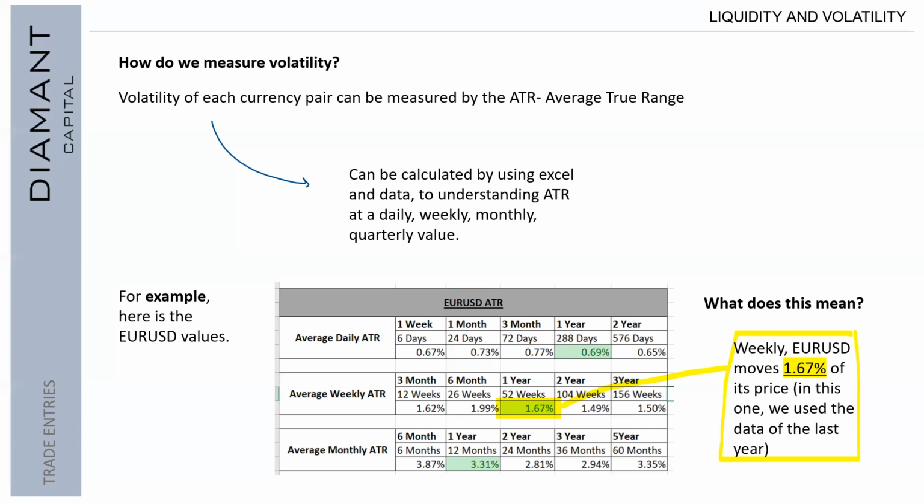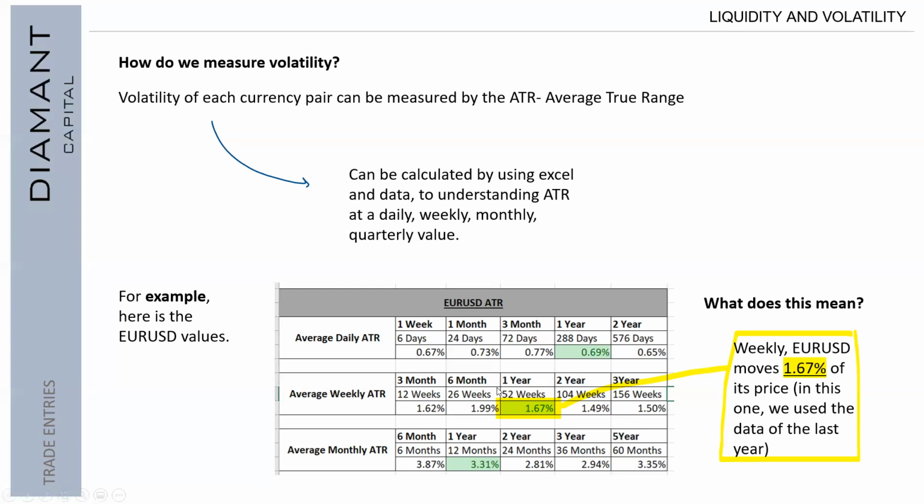By the way, before we get any further, average true range, just so you know what it is, is how much the pair moves essentially, and by how much percentage. You see here we've got Euro USD 1.67%. So in one year, the weekly average true range, which means how much it moves in percentage points, is 1.67%.